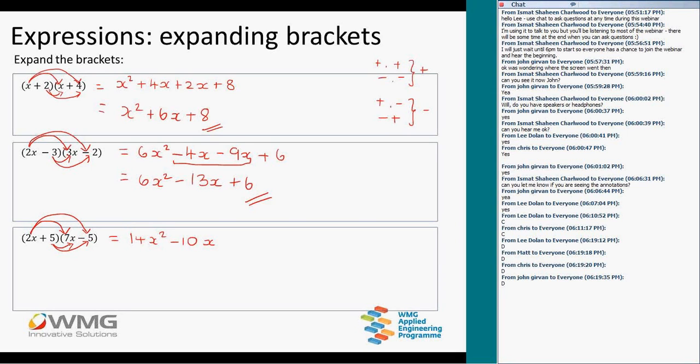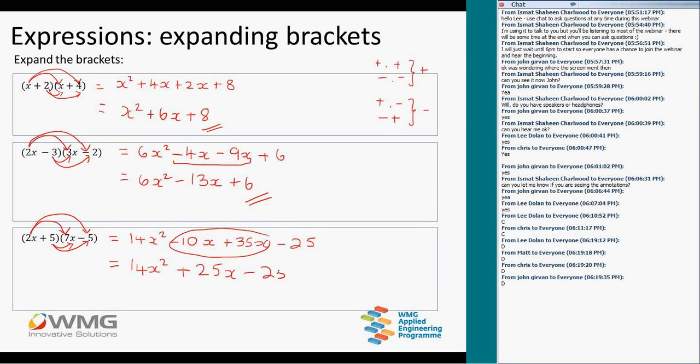Plus 5 times minus 5, so plus times minus, you can see, would give me a minus answer. That's minus 25. Collecting x terms together here in the middle, 14x squared minus x plus 35x would give me plus 5x, minus 25. I can't simplify. That's my final solution.